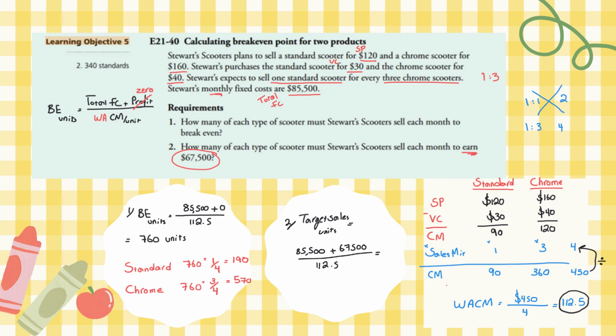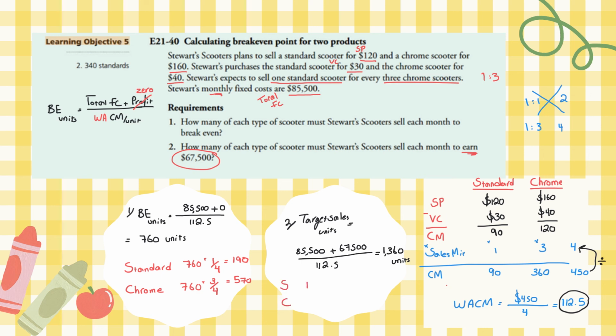So 85,500 plus 67,500 is 153,000. Divided by 112.5, it's going to be 1,360 units. Again, he said how many of each type, so you need to multiply for standard and chrome.